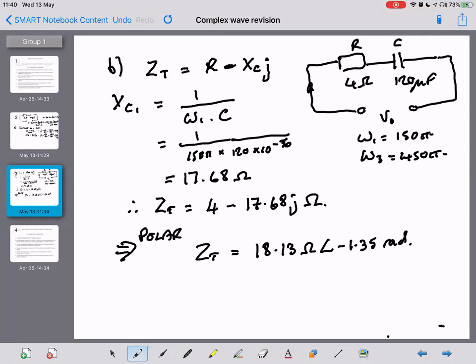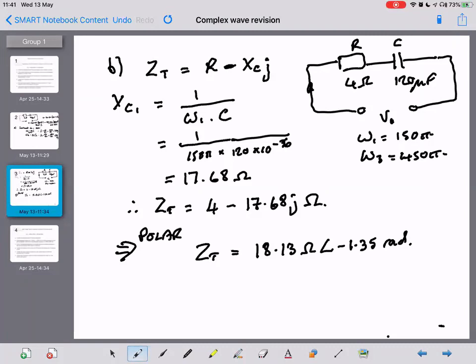To do that conversion on your calculator, Callum, you need to push shift, and on the plus button the shift function is polar, POL. Then you get a set of open brackets. You put in 4, then you shift again, and on your close brackets button you've got a comma. Then you put in minus 17.68, close the brackets, press equals.